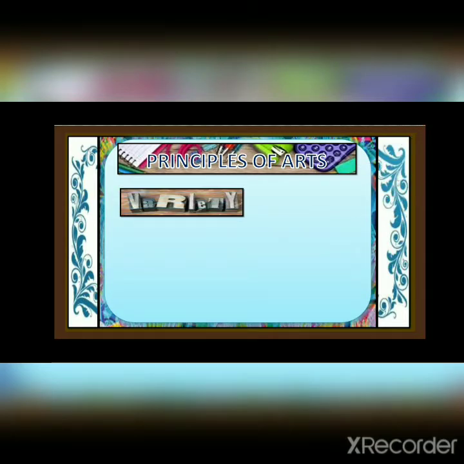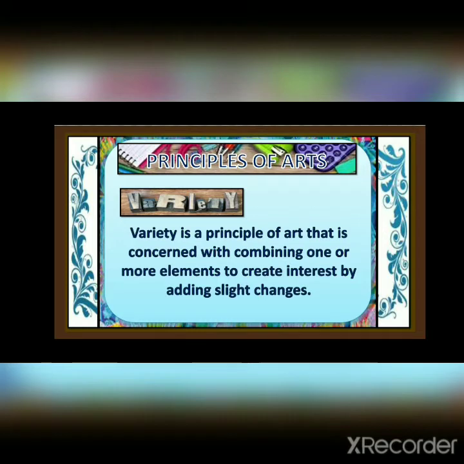Another principle of arts is the variety. What is variety? Variety is a principle of art that is concerned with combining one or more elements to create interest by adding slight changes.